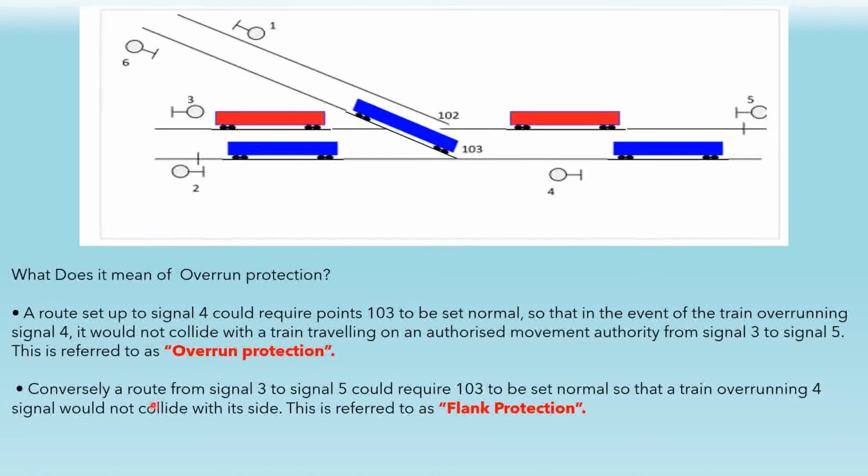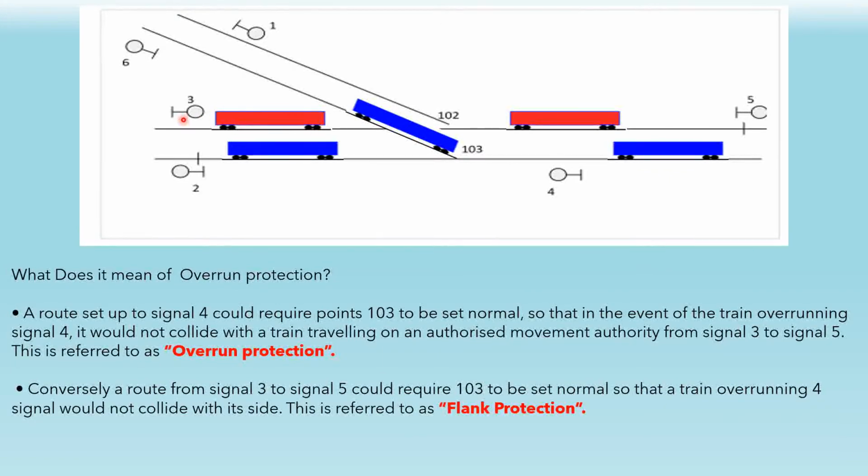Conversely, a route from signal 3 to signal 5 could require point 103 to be set normal, so that a train overrunning signal 4 wouldn't collide with its side. This is referred to as flank protection.